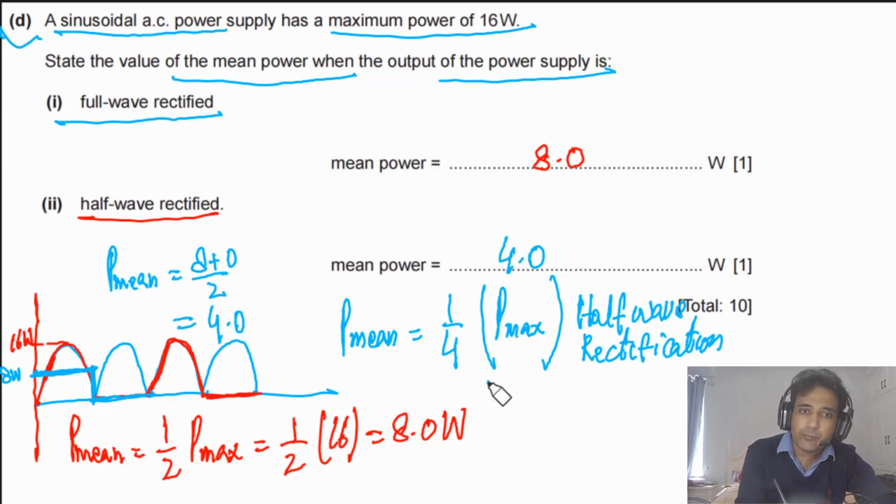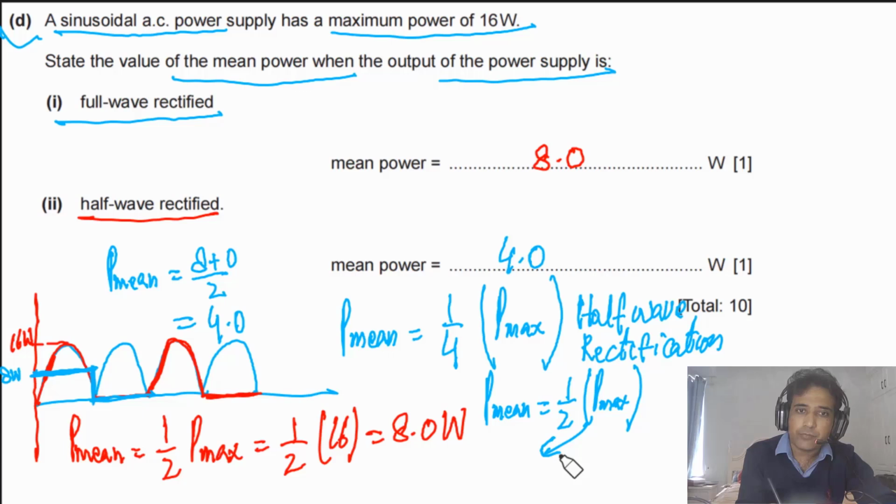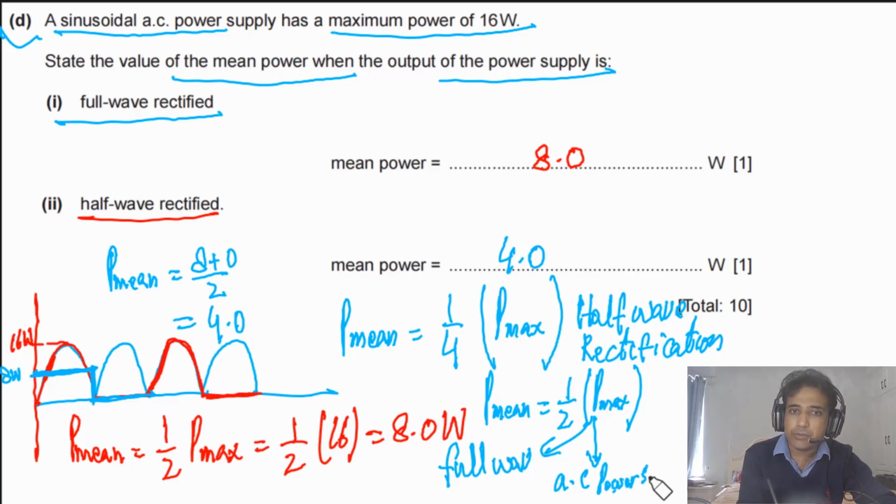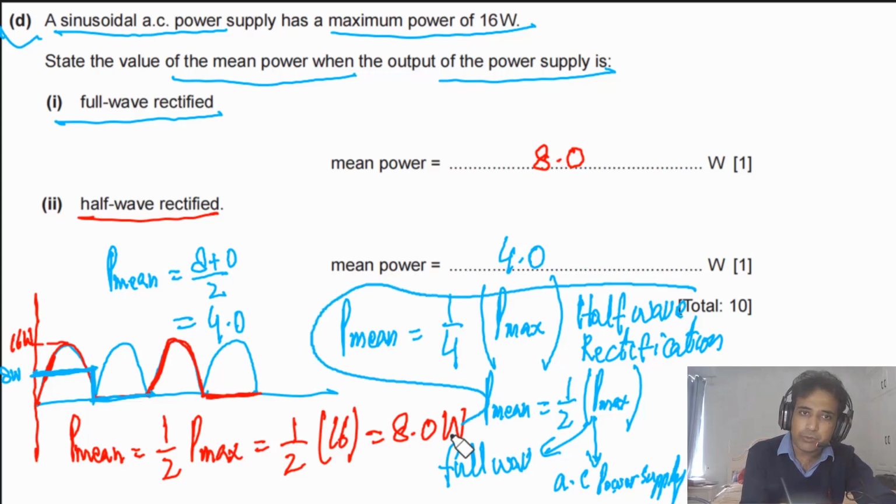And for full wave rectification, P mean, or for an AC power supply, is equal to 1/2 of P max. These are 2 important points you need to keep in mind to answer this type of question in future.